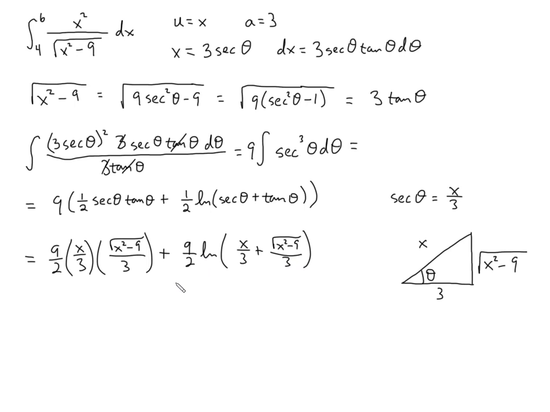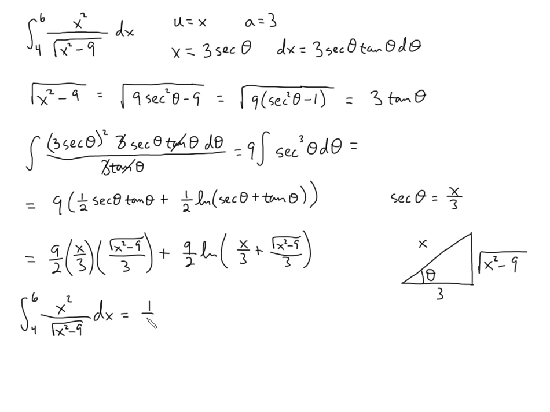Okay, now I'm not going to put a plus c on this one because we do have a definite integral here. So for the definite integral part of this, we have to plug those numbers in. So let's redo this beginning part. We've found the antiderivative now of this function here. We know what it is. We'll go ahead and simplify it a little bit. The 9 and these two 3's will cancel, so we're just going to have a 1/2 in front of this.